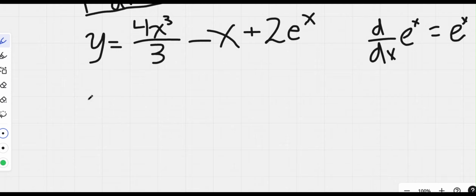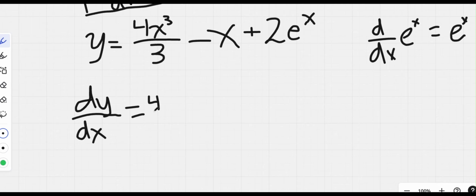So, dy over dx equals, now we're going to rewrite this 4 over 3 as a coefficient of x to the third. So 4 over 3 is a coefficient of x to the third.